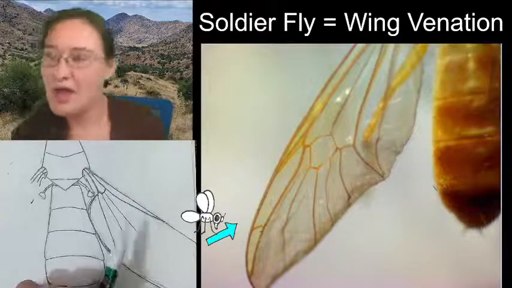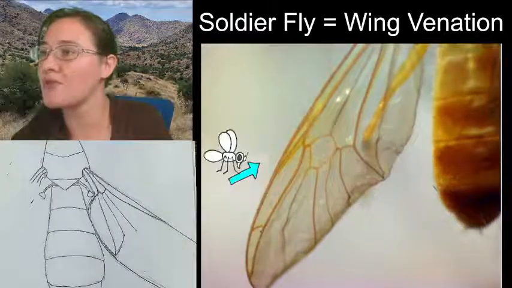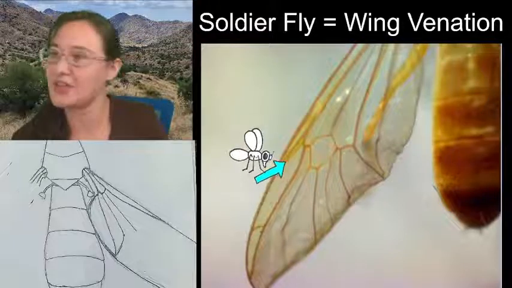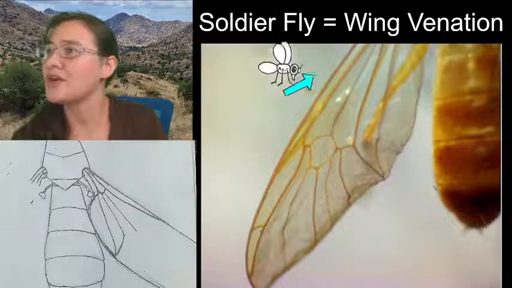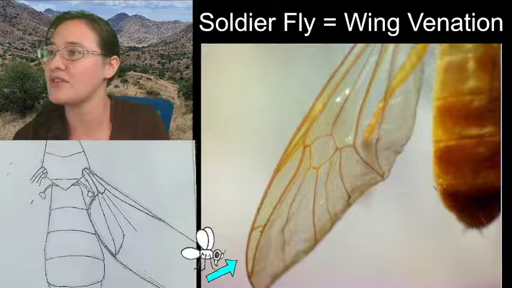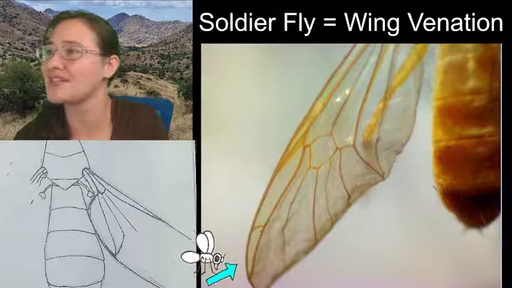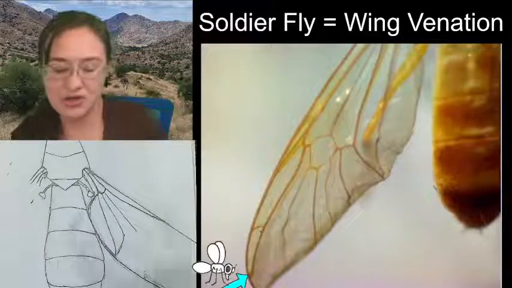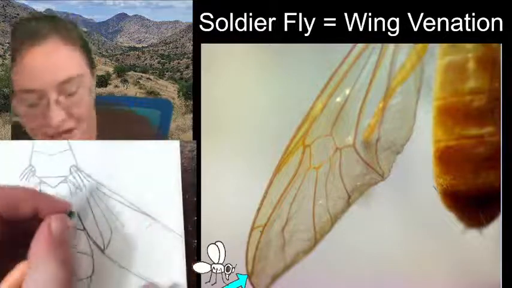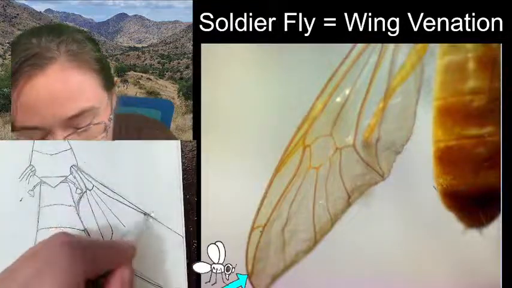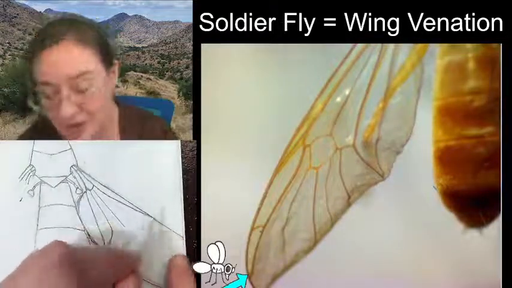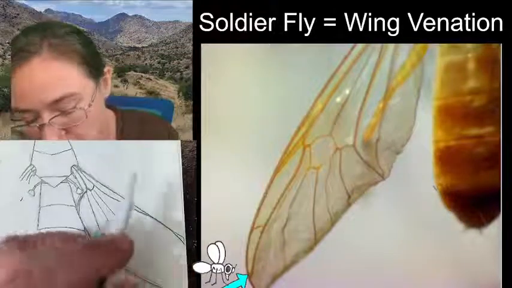All right, I'm going to start all the way up from the top of this wing. Now you notice that our costal vein, this one that's right here, is still going. So this vein that's along the top is still going, but right about here, it actually comes in a little bit.